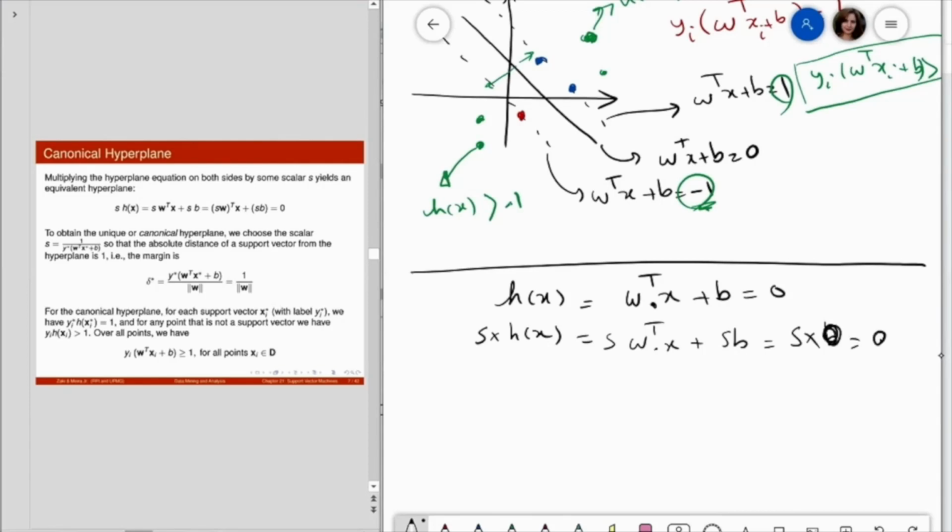So it's as if I can have another line where the direction is S W transpose, and the bias or intercept is S b, and I still have the same separating line, right? It's an equivalent hyperplane to what I was describing.